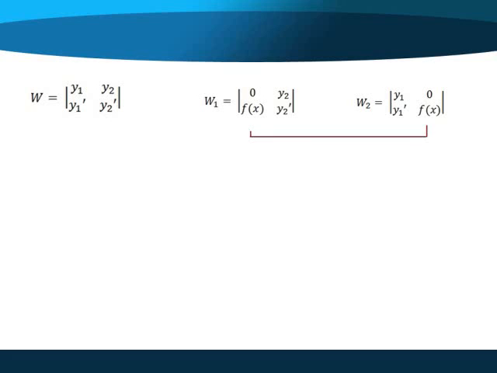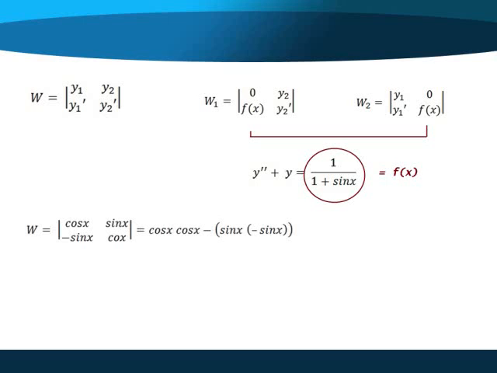F of x, by the way, corresponds to the right side of your original equation. In this case, we have 1 over 1 plus sine x. Given the significant formulas, what we just have to do is simply substitute the terms and perform the necessary operations.